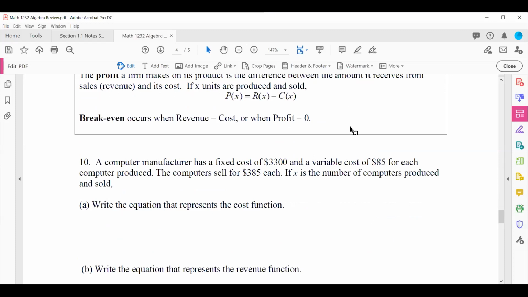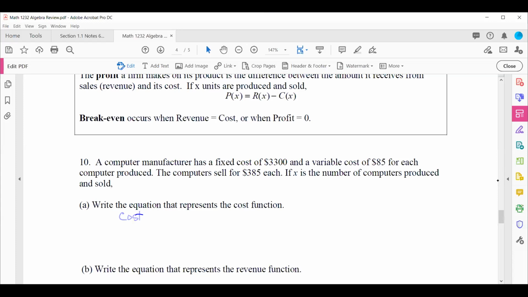A computer manufacturer has a fixed cost of $3,300 and a variable cost of $85 for each computer produced. The computers sell for $385, and we want to write some equations. Notice X is the number of computers that are produced and sold. The first thing we want to do is write the cost function.